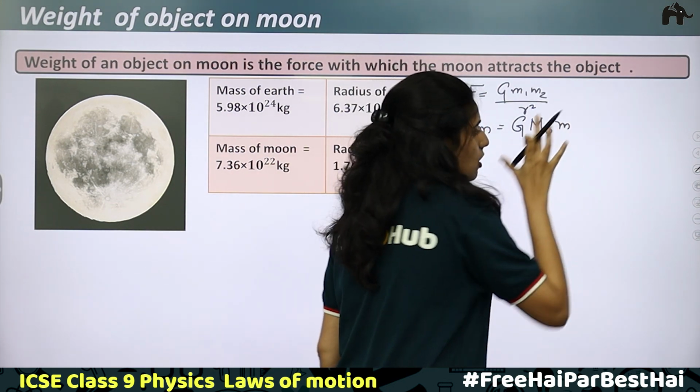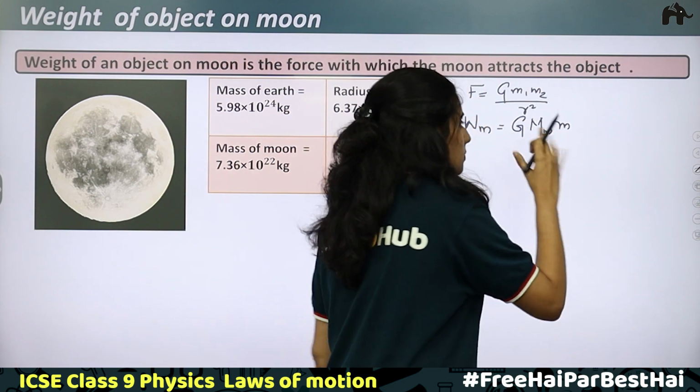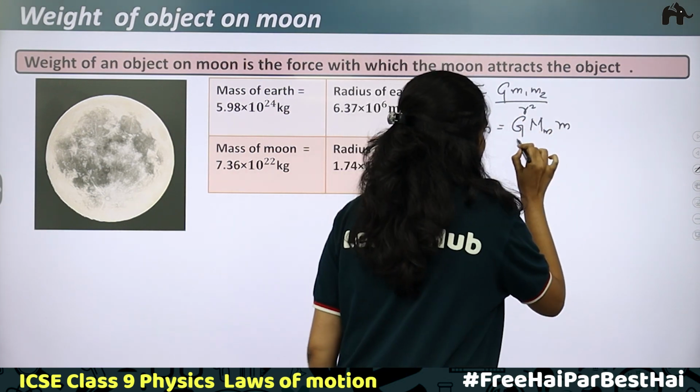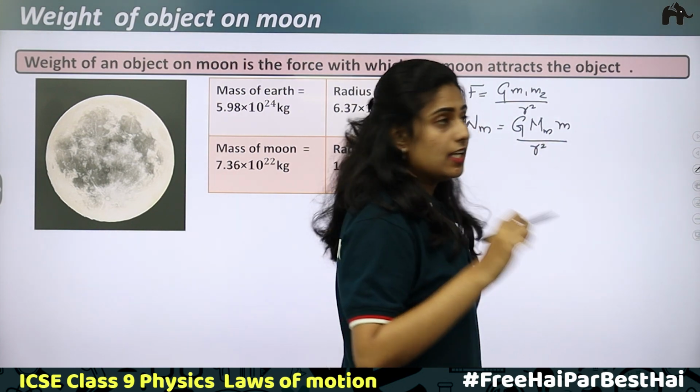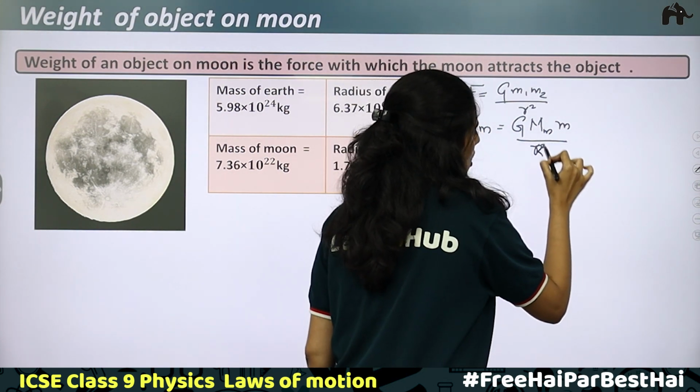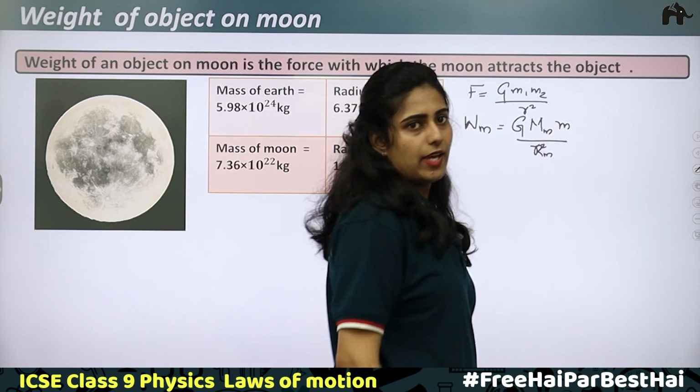The mass of the object will be the same whether it is on moon or on earth. And then the separation, r square, here will be the radius of moon square.